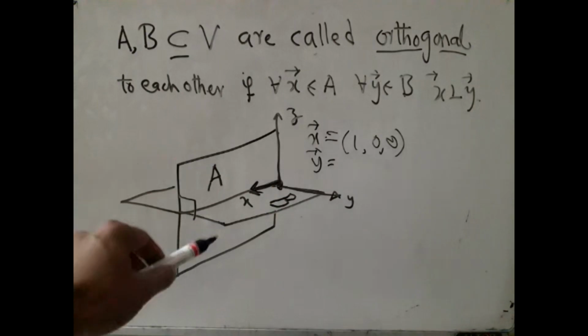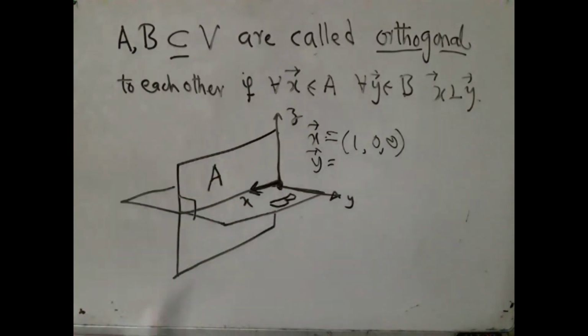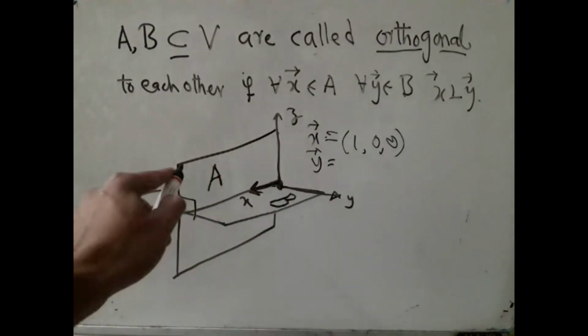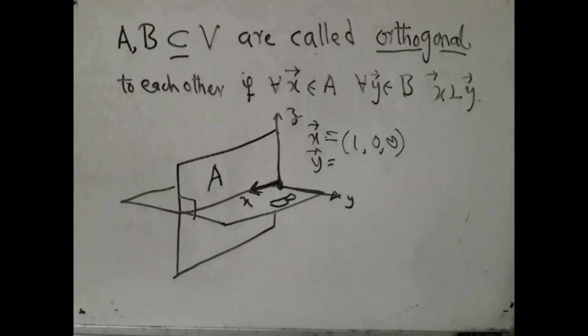So we do not say that these two sets are orthogonal to each other. However, if I take A to be this and B to consist of the y-axis, then they are indeed orthogonal to each other.